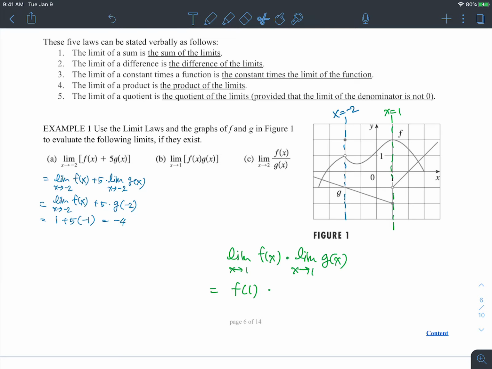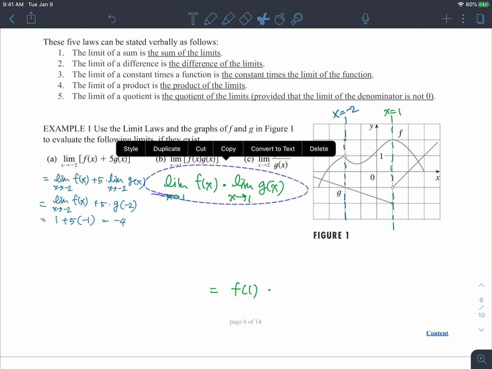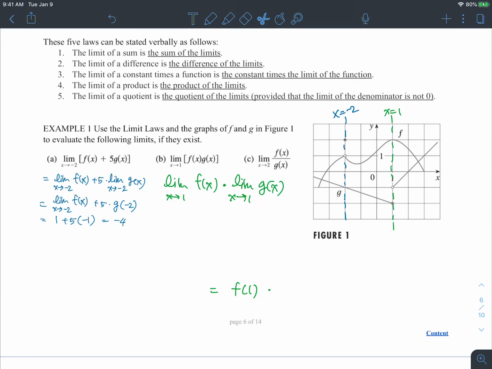Hold on. So we know that the limit as x goes to 1 of f is equal to that, so that's fine. But we have a little bit of an issue right now, which is that the limit as x goes to 1 from the positive side of g of x is equal to -1, which is not the same as the limit as x goes to 1 from the negative side, which is equal to -2.